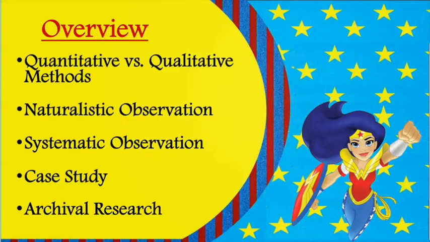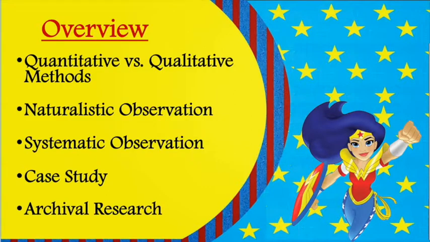So even though we're observing a particular sample or population, both of these methods do differ in some ways. We'll talk about case studies, so basically how we can conduct research on a particular person or group of people, and we'll wrap up our discussion by talking about archival research.